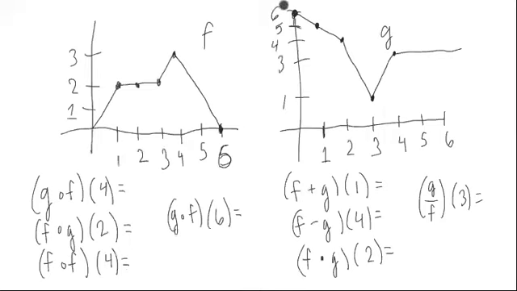Let's take a look at the ideas of combining functions and what they mean for individual points and evaluating. Specifically, we're going to look at some graphs, but if we had tables, it would be the same basic idea. What does this mean? g of f of 4 equals what?